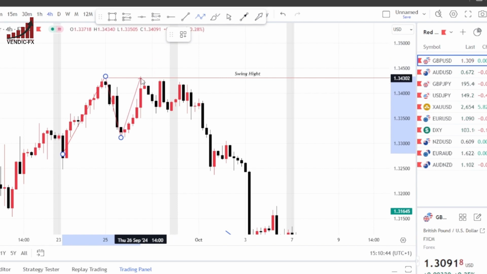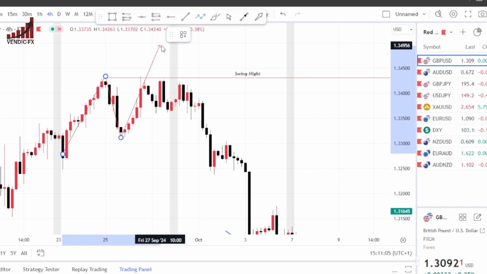But in liquidity pools, we tend to create equal highs. Equal highs means price bouncing off a particular point more than once. It gets there, reverses, creates a high, has a retracement, creates a high here, has a retracement.